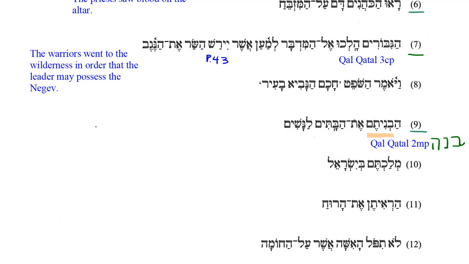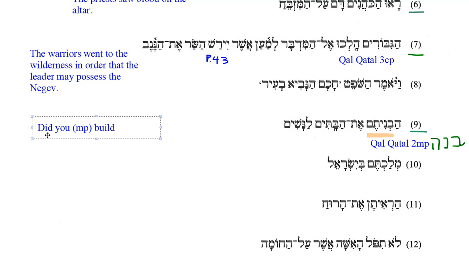And then since it's second masculine plural, that will be you, masculine plural. And so we'll start it out as a question. It's past tense. Did you build? Without the interrogative, it would be you, masculine plural, built. But we'll go ahead and start it as a question. Did you build? And again, that's masculine plural.